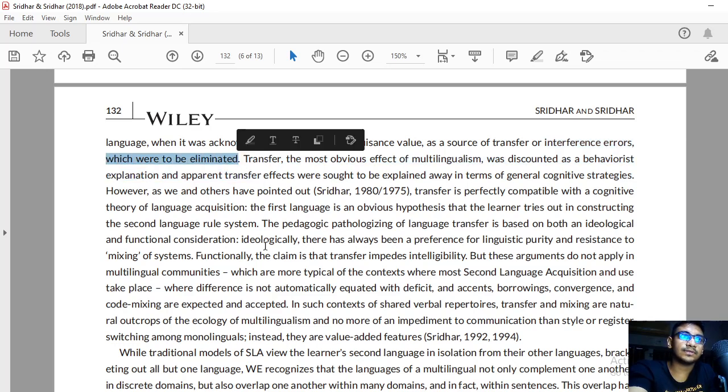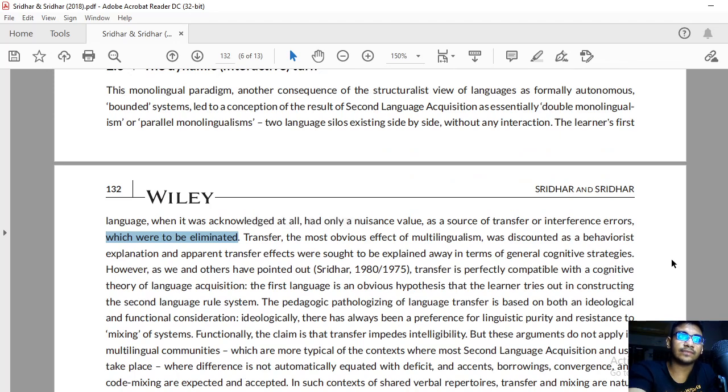So people used to think of the first language as a barrier to the learning of the second language. Yes, second language acquisition was possible, they thought, but the first language interfered with it. So that's what they thought.